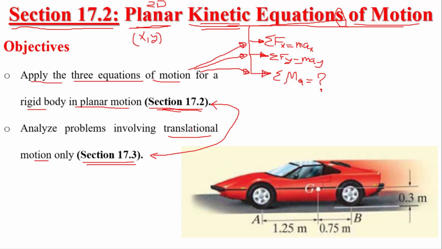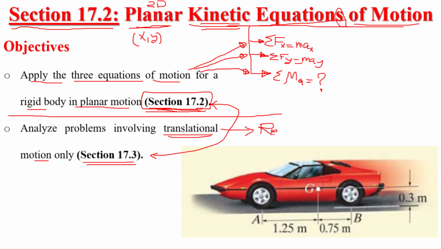So section 17.2 is general and talks about the principle of kinetic equations of motion, but this section talks about a specific problem related to translation. Translation, as you remember from chapter 12, we have rectilinear translation and we have curvilinear translation. Remember? Okay.